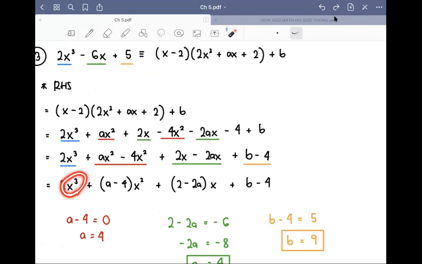Again, x cubed is compared to this, right? X squared is compared to what? Where is it? It's none. That's why it's 0, right? And then x here is compared to this. We are comparing coefficients. That's why I got this, because these are their coefficients. And then this is your constant, so that's also equal to b minus 4.